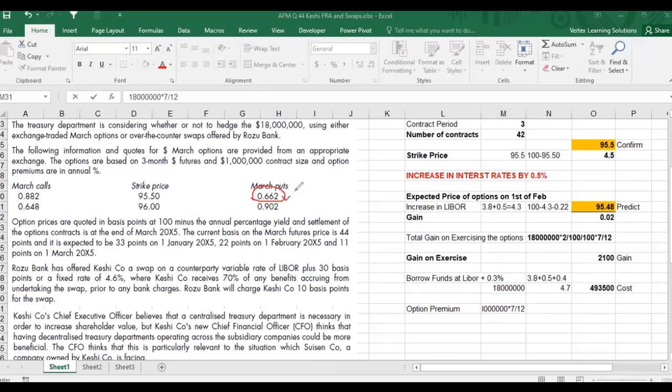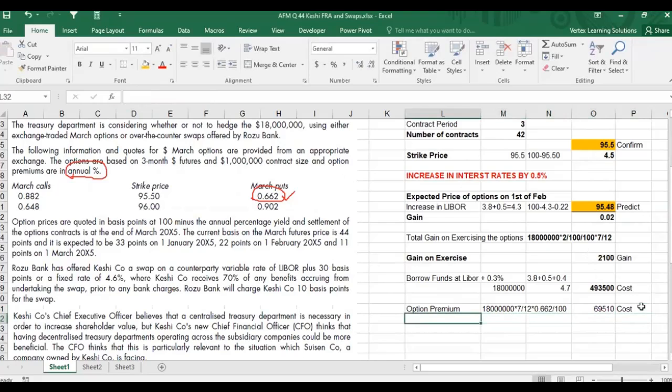This is in terms of percentage, because it is in annual percentages. So I can say 18 million into 7 by 12, the duration, multiplied by 0.662 divided by 100. What do I get? I get 69,510. This is my option premium. This is also my cost.